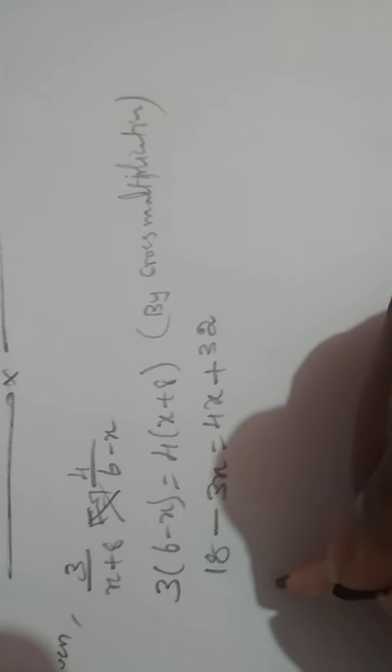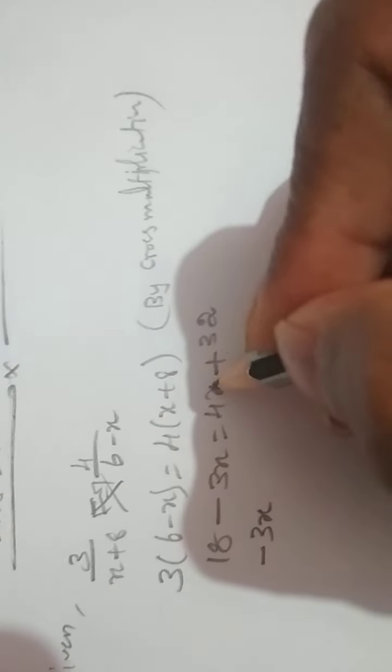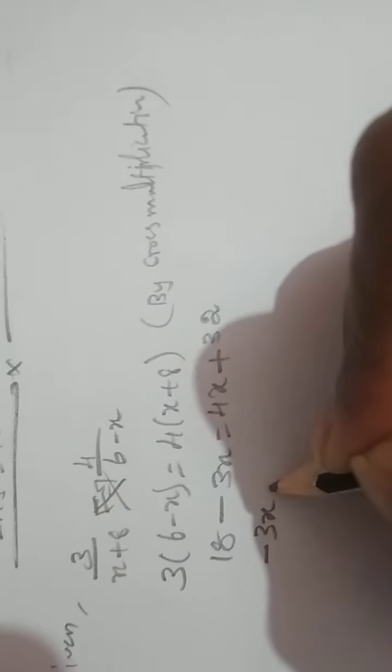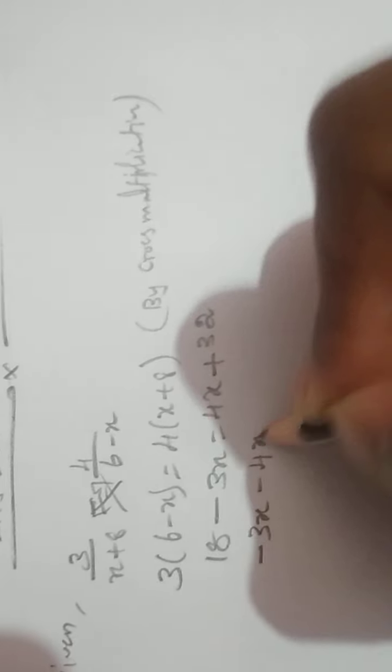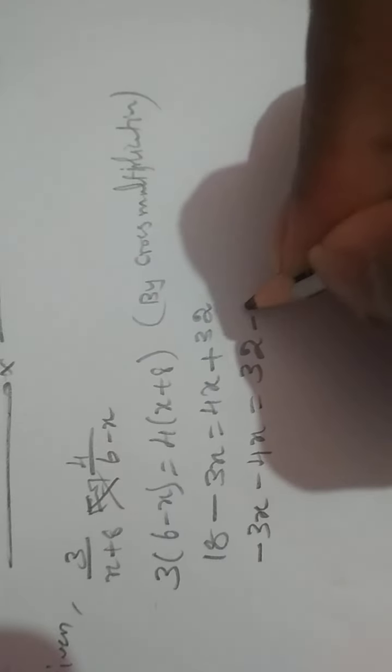Next we collect the variable terms on one side and constant terms on one side. So minus 3x, we transpose 4x from the right hand side to the left hand side. So minus 3x minus 4x is equal to 32. This 18 becomes minus 18.